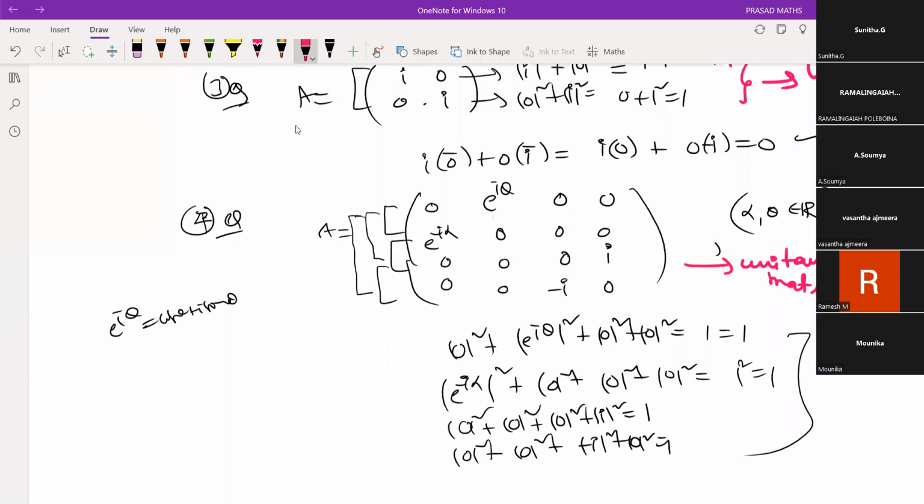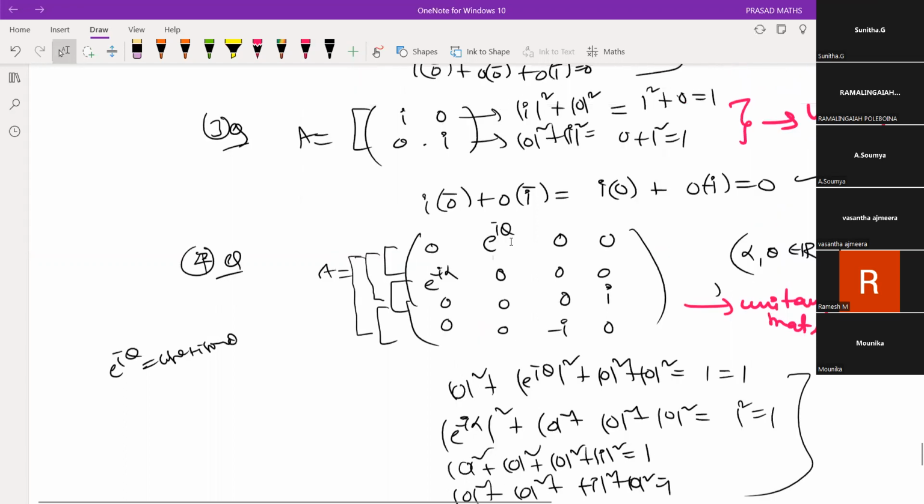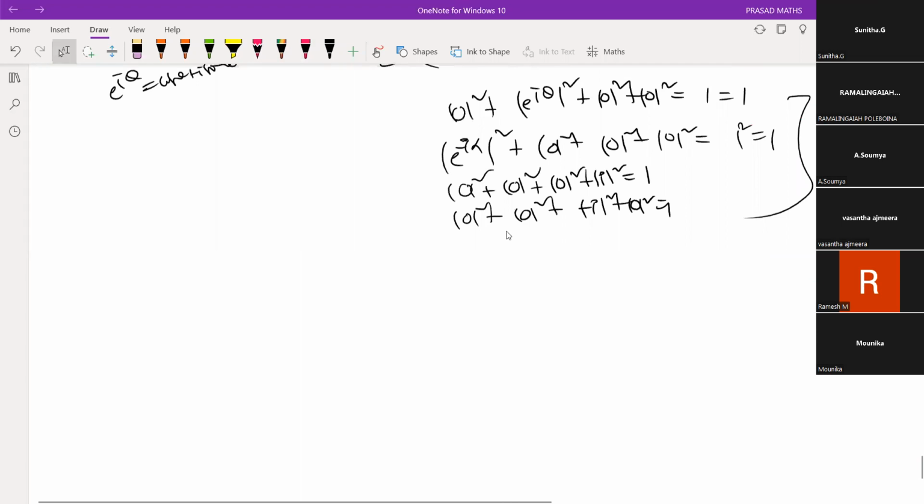Now tell me, how many unitary matrices are there of order 4 by 4? Infinity. That's it, infinity.